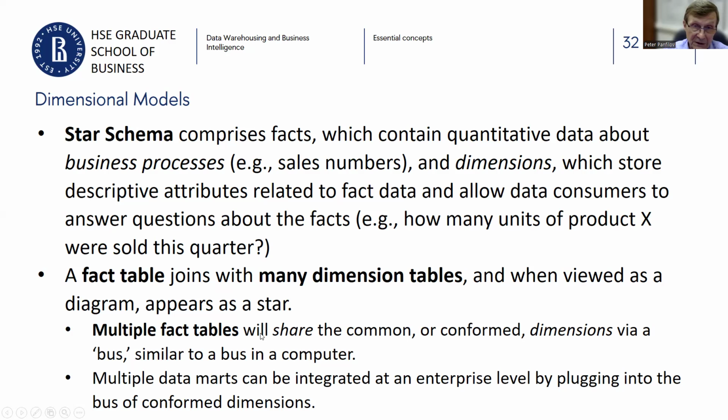And those can share the common conformed dimensions. So dimension tables used in star schemas can be shared by multiple fact tables. And to share those, in Kimball's data warehouse we have a special structure, a special component called a bus.